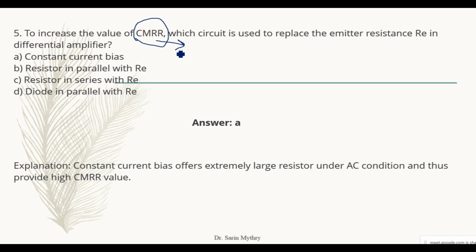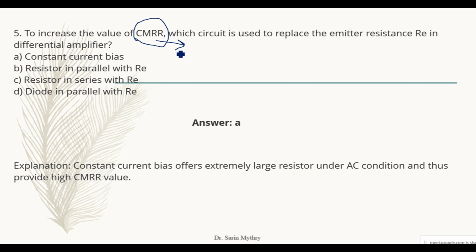So we need to make sure that our amplifier has a very good CMRR. It's a quality factor which will reject these common mode signals, the noise signals. The higher the value of CMRR, the better is the efficiency of the output. The output will have less noise. So the CMRR should be very good.